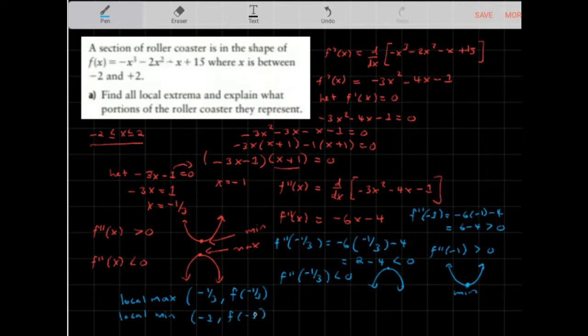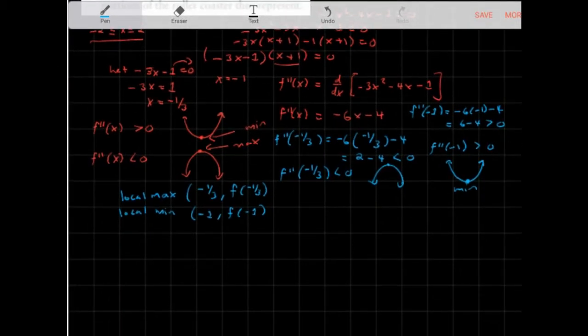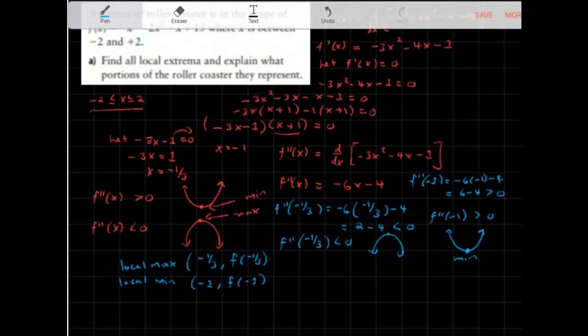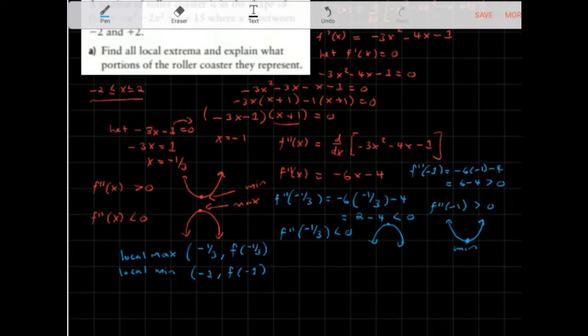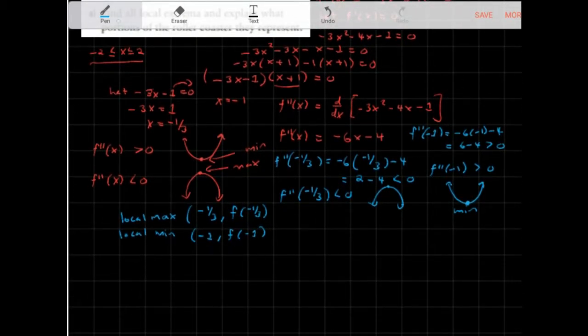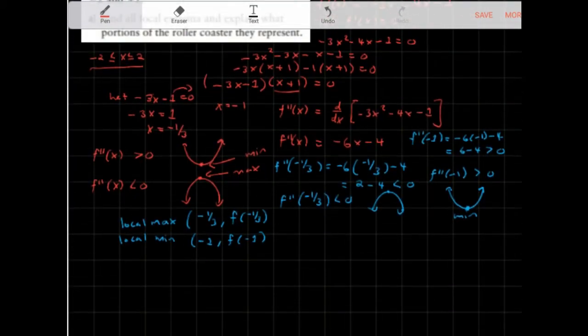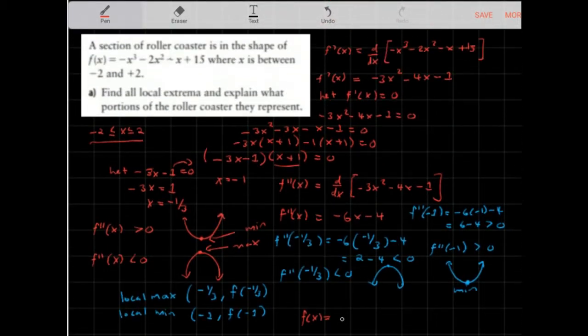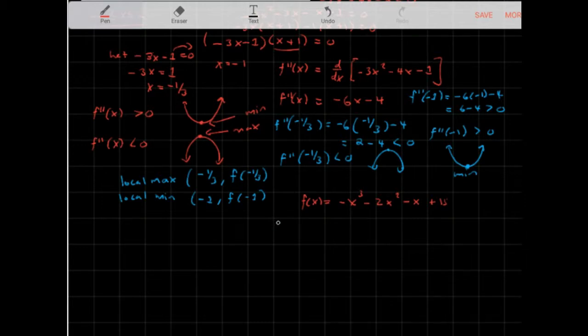So what I'm going to do last is figure out what these two points are. Okay, so we know that there's a maximum point when x is equal to negative 1/3 and a minimum point at x is equal to negative 1, right? So if I plug this value into our original function f of x, and I'm just going to go back up, it's negative x cubed minus 2x squared minus x plus 15. So let's plug this in, right?